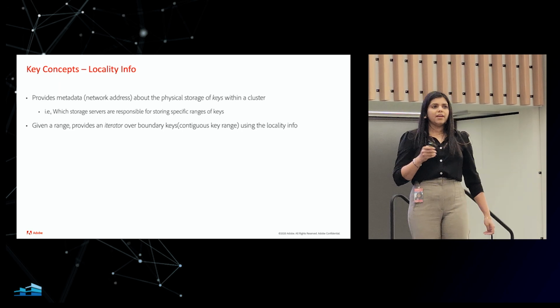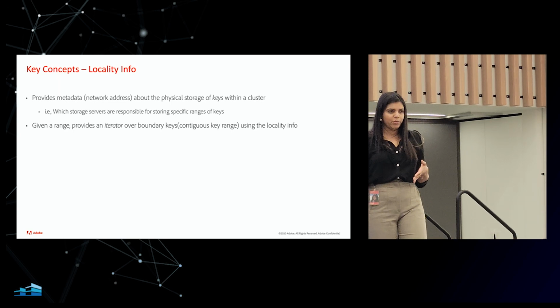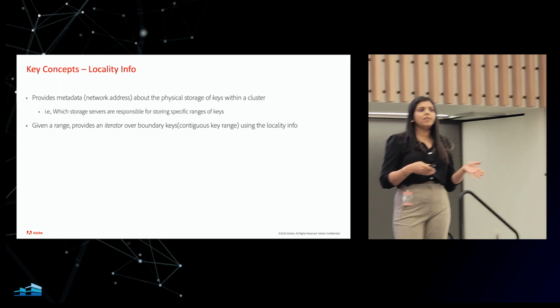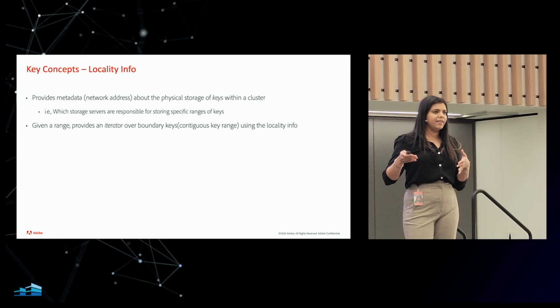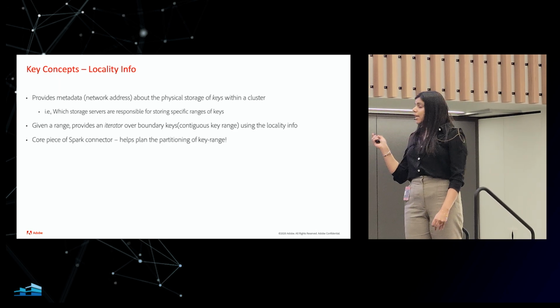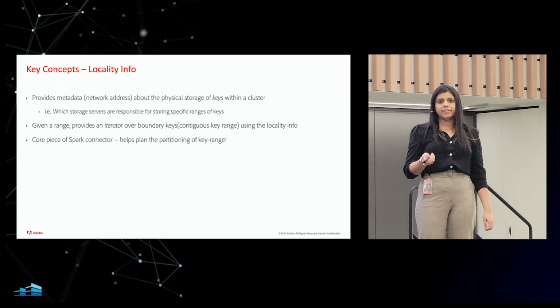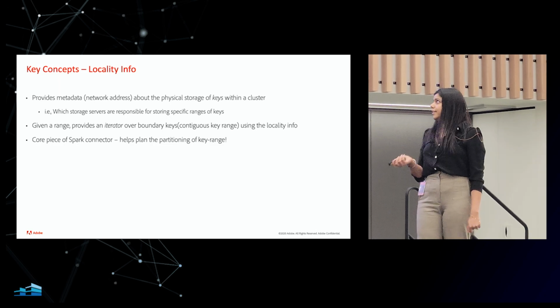Right? So given a range start key and end key, it's going to provide me an iterator over the boundary keys, which I can then use to efficiently navigate through these key ranges across the cluster. This is what we'll use as a core piece in the Spark connector, and we'll deep dive on how we use this locality.